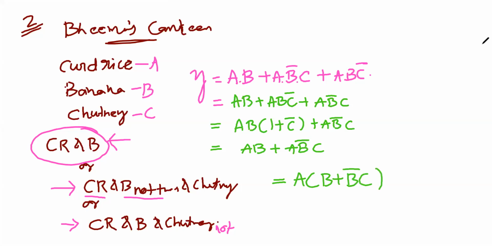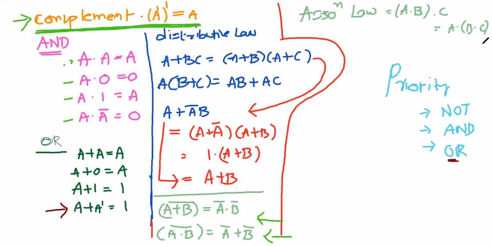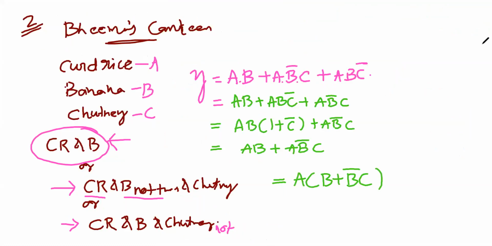B plus B bar C can be written as B plus B bar dot B plus C, which is B plus C. So it will be B or with C, A dot B plus C.